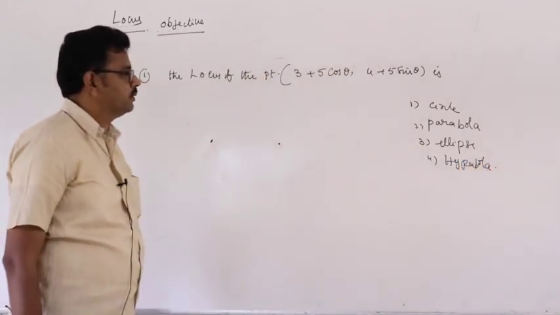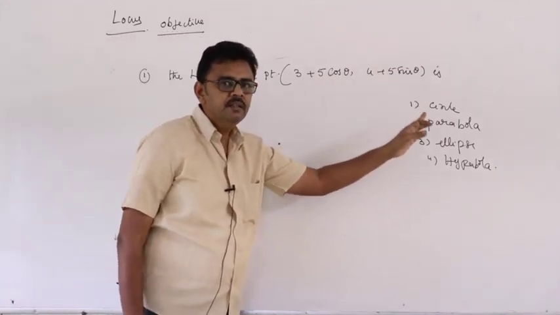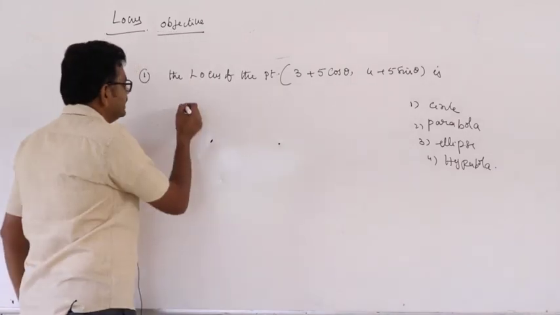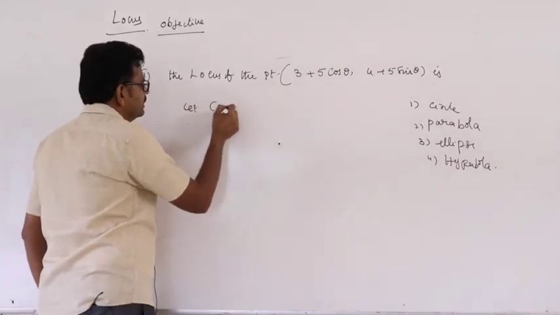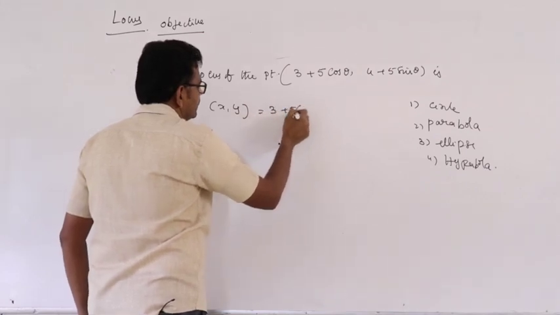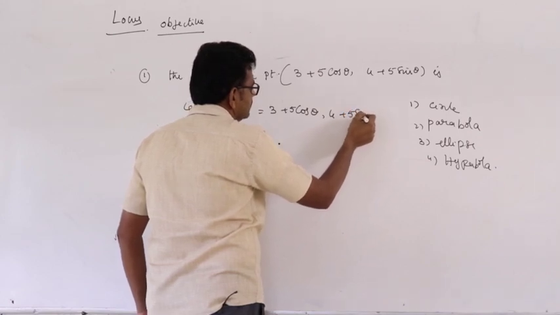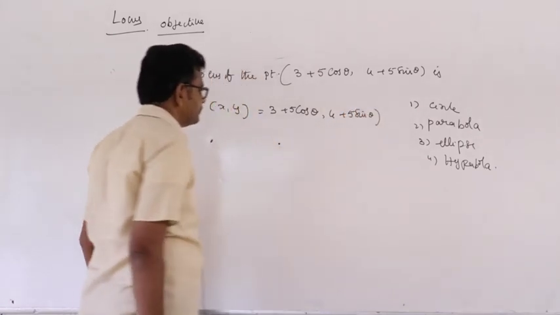Locus of the point means by eliminating theta. So let the point be (x, y), which is (3 + 5cosθ, 4 + 5sinθ).